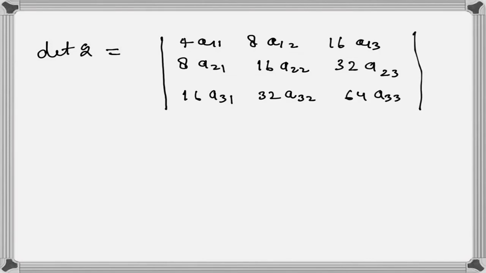Now take 4 common from the first row, 8 from the second, and 16 from the third row.